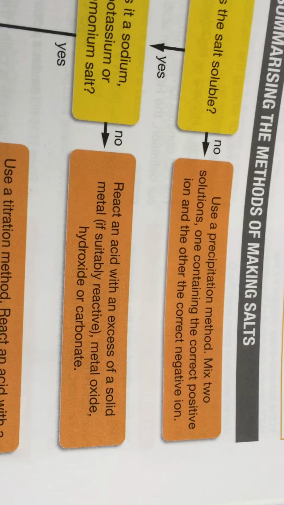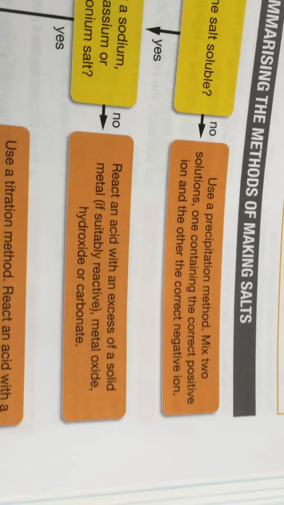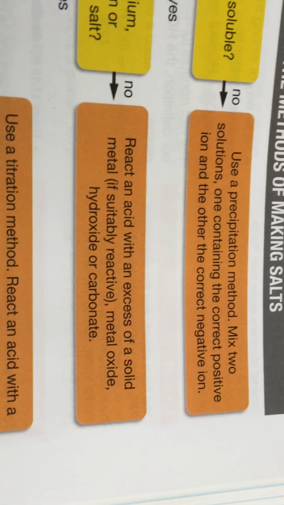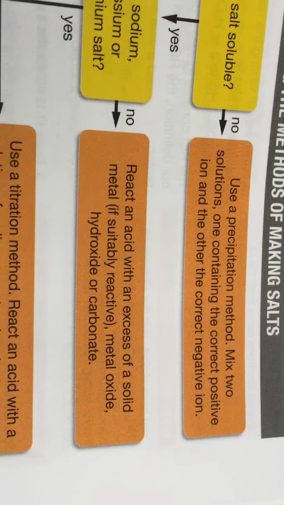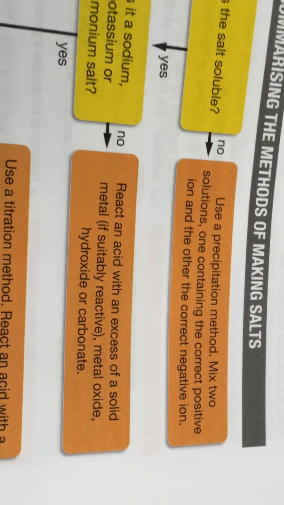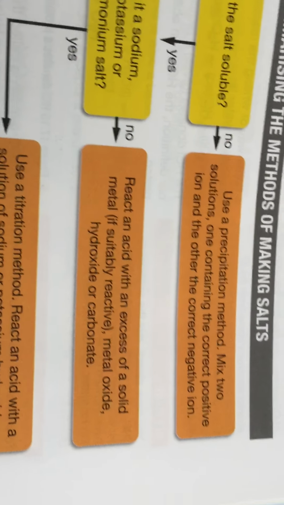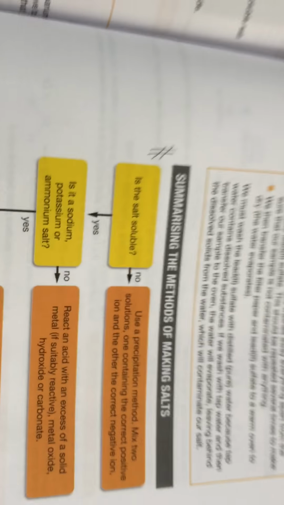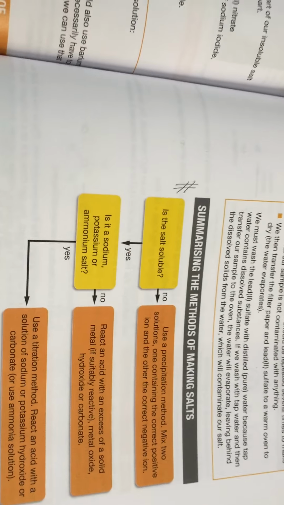Like magnesium sulfate, I use magnesium itself with sulfuric acid because magnesium is reactive. So we can react an excess amount of the metal itself, metal oxide, metal hydroxide, or metal carbonate with a dilute acid, like this. So this summary is very, very important.